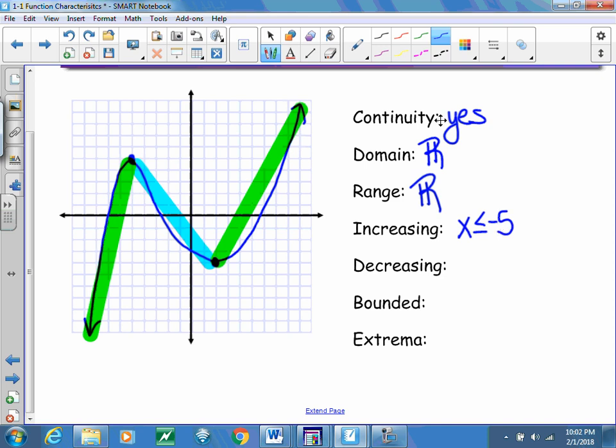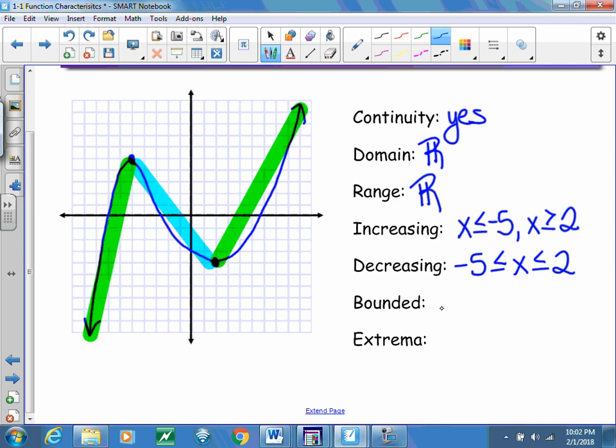And actually, technically I could just be putting x is less than -5, because at that maximum point right there it's neither increasing nor decreasing. And then also we're going to be increasing at values of x that are greater than or equal to +2. As far as where it is decreasing, we're going from when x is greater than or equal to -5 and less than or equal to +2.